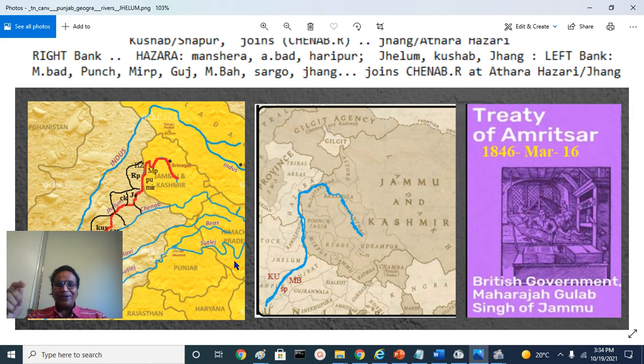So that had to come through an indemnity paid by the Khalsa Darbar at Lahore, and the amount set was 1.5 crore, that is 150 lakhs or 15 million, of which 75 lakhs was paid by the Khalsa Sarkar.